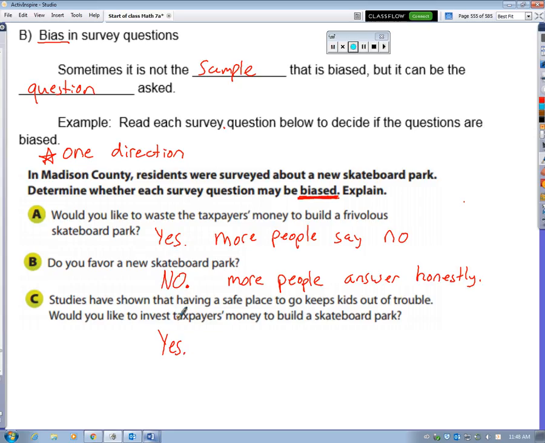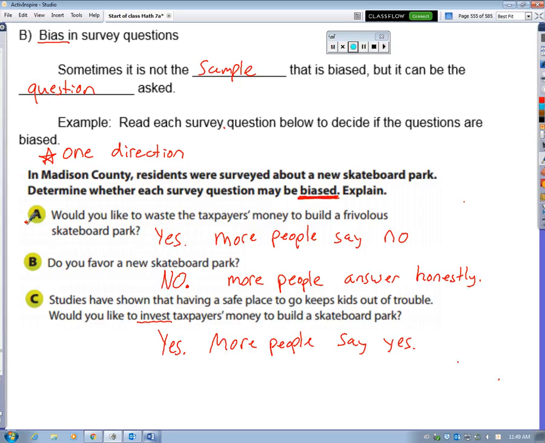Okay, because it basically is telling people that the skate park is going to give a safe place for kids to go, and it uses the words like invest, so more people would say yes to this question. Okay, more people would want to say yes, we need a skate park if the question was asked this way. Okay, so it would lead more people to say yes compared to this first question where more people would say no.